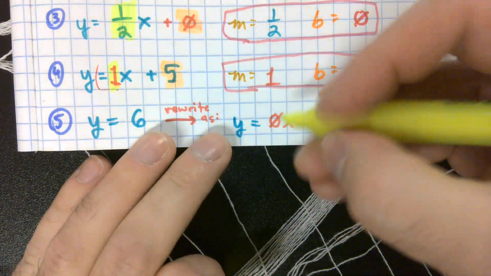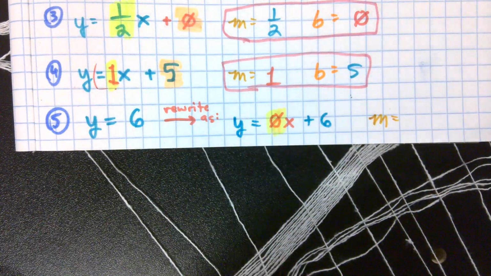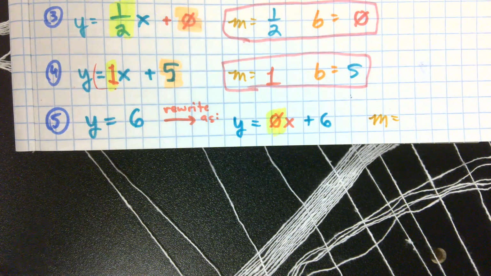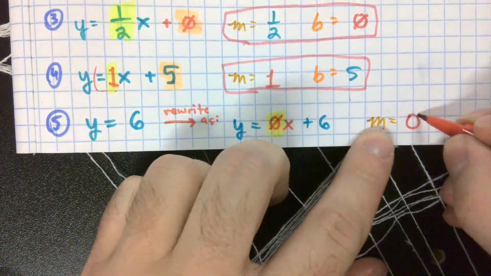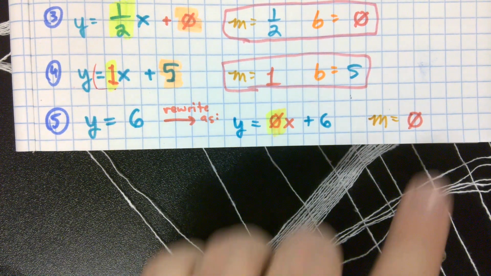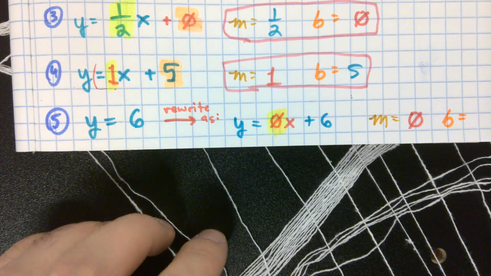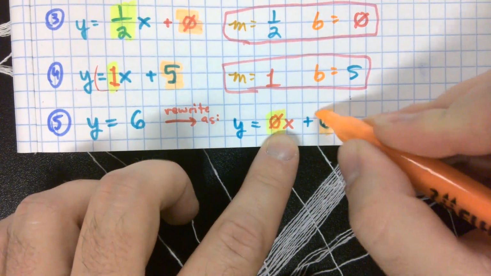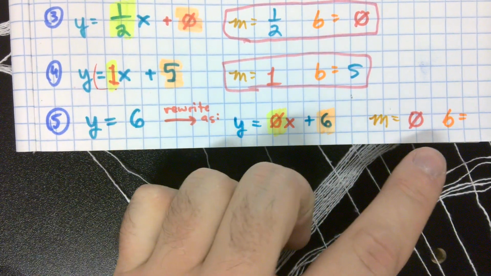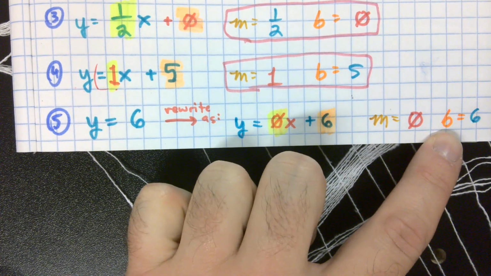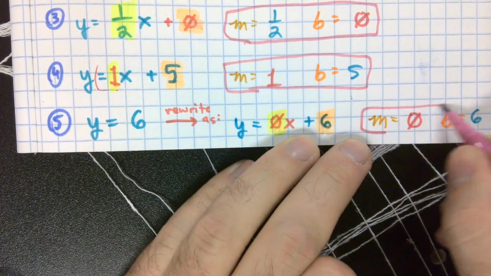We'll go ahead and highlight it. If we don't see an x at all, that means we have a slope of 0. What's my y-intercept here? What's my b value? 6. B is equal to positive 6.